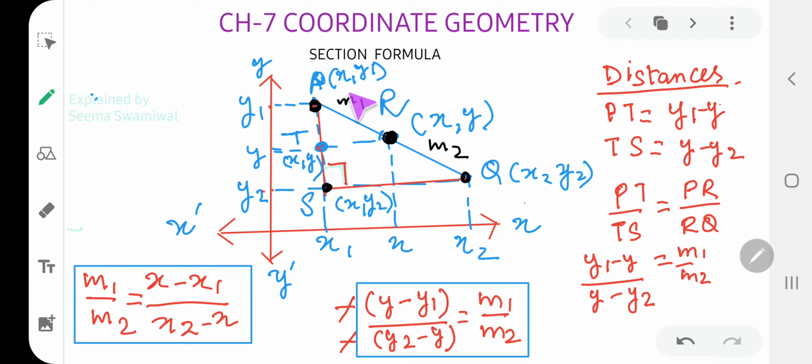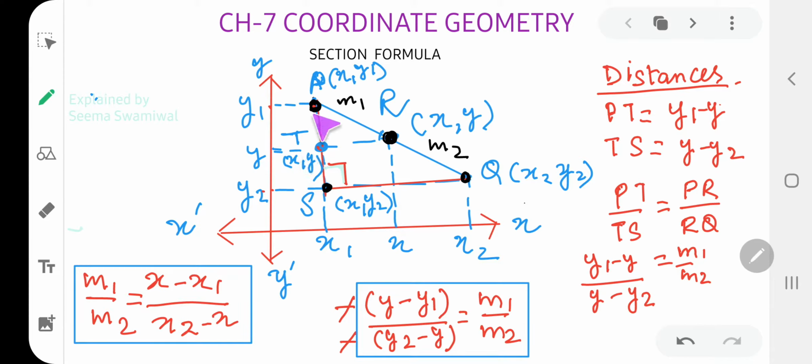The abscissa here is also x1. There is no change in the abscissa. Therefore, the distance can be calculated simply by subtracting the ordinates only. So, PT is equal to y1 minus y. Similarly, the distance TS can be calculated simply by subtracting the y coordinates, that is y minus y2.